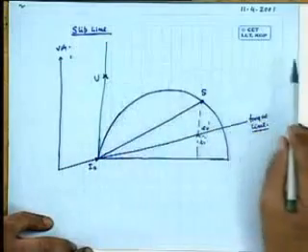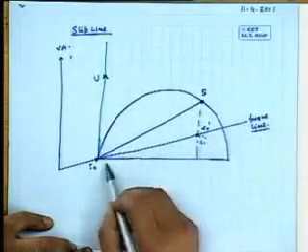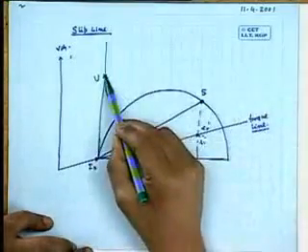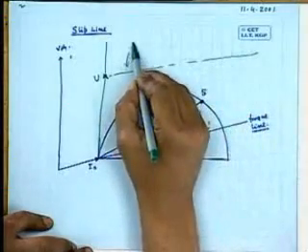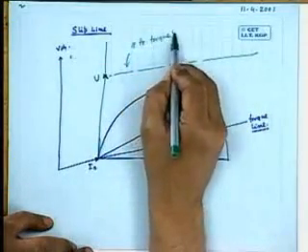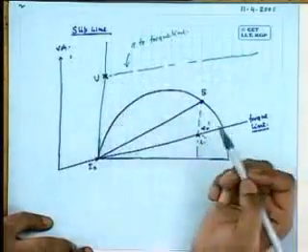And through U, you have to draw a line, what? Parallel to the torque line. In the earlier case, the torque line was the diameter itself, so it was horizontal. Now it will be like this. This line is parallel to the torque line. And this point U is arbitrary.